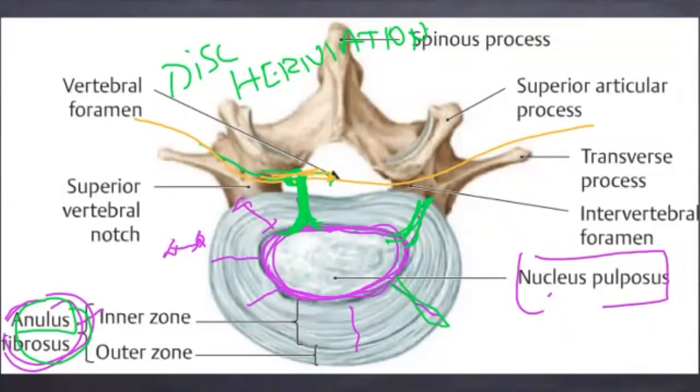That is why the patient develops pain, tingling, and numbness. This is the reason why people have sciatica. This is the gross pathology of sciatic pain.